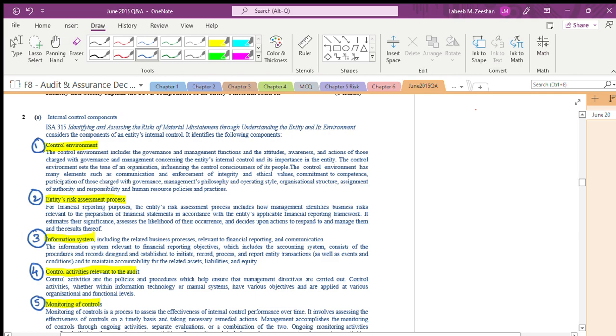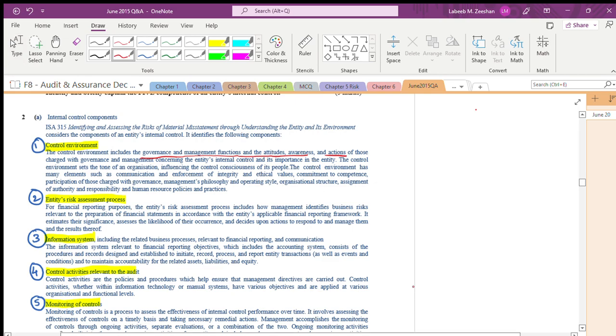What is the control environment? The control environment says how the management is concerned about control. You can write that in your own words. It includes the governance and management functions: what their attitude is, what their awareness is, and what their actions are.